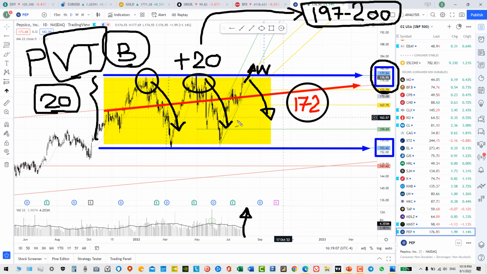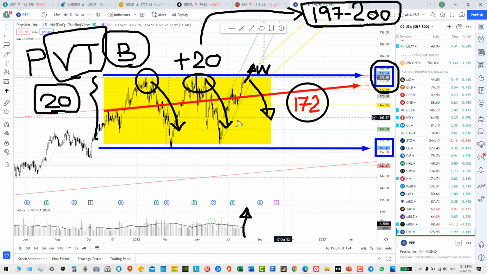So it is too soon to expect that the stock should reflect from the 177 barrier. Instead, it is going strong against the resistance, and it is more likely to break through the 177 area rather than reflect from it.